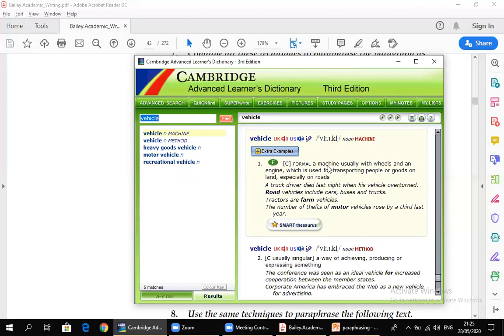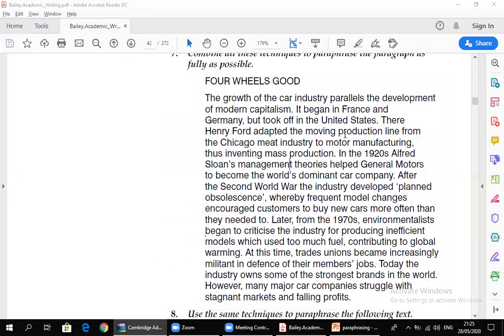It says here, a vehicle is a machine usually with wheels and an engine, which is used for transporting people or goods on land, especially on roads. So does it work or not? We can say there the moving assembly line was modified by Henry Ford from the Chicago meat industry to manufacturing cars.